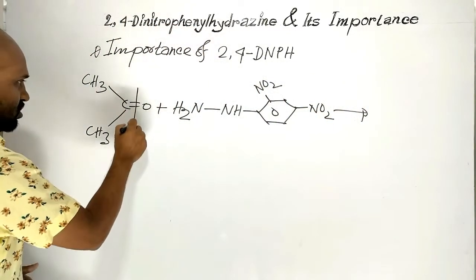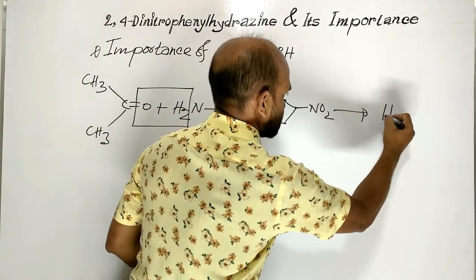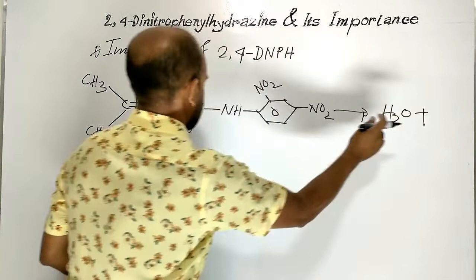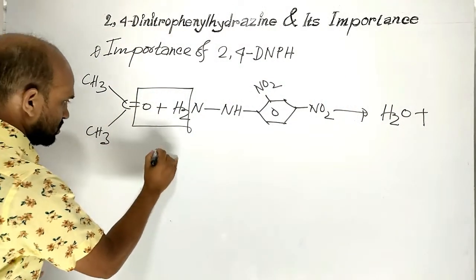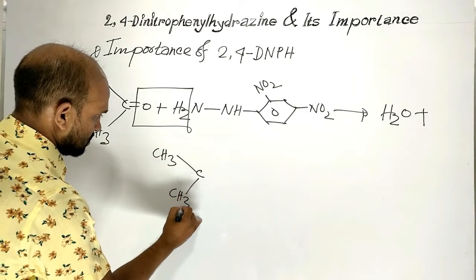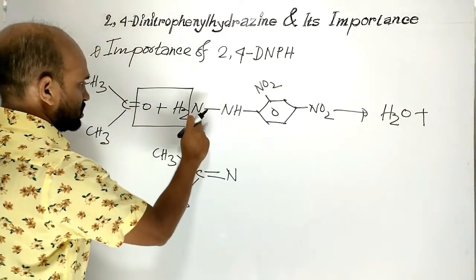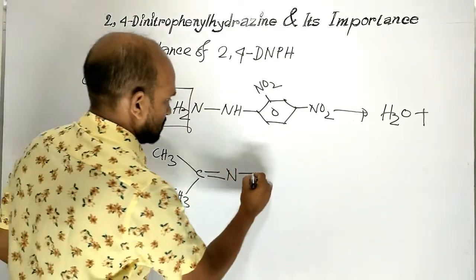Here, oxygen, hydrogen, water is formed as byproduct, and another compound, this one, carbon nitrogen double bond is formed, carbon nitrogen.